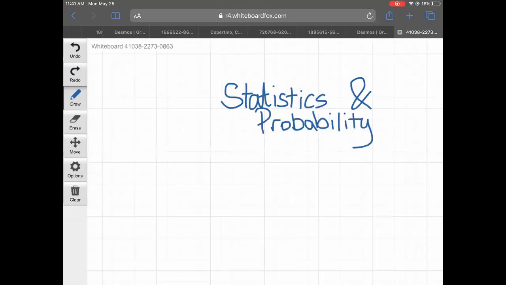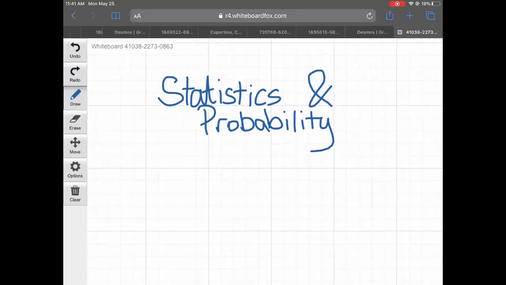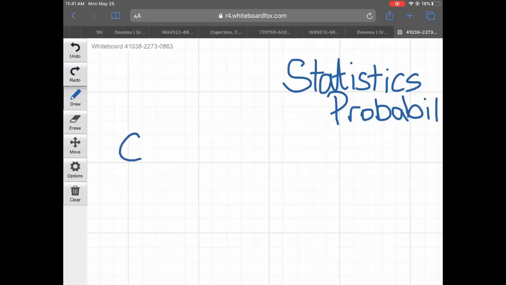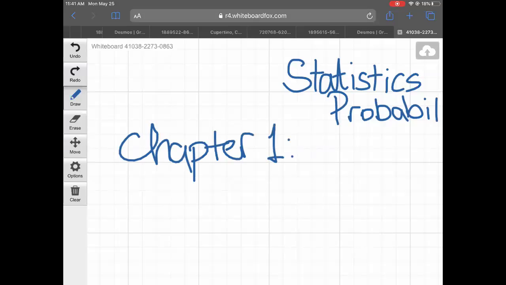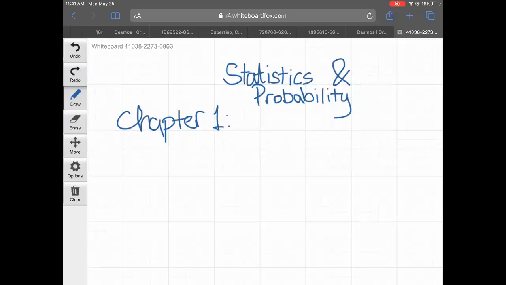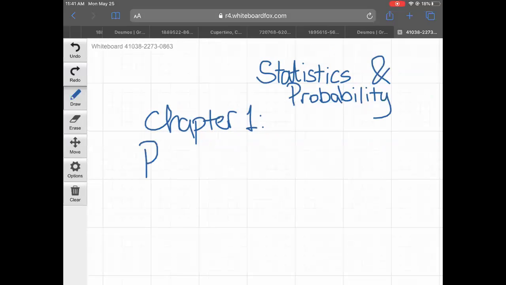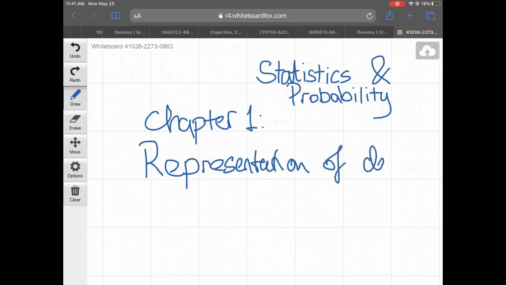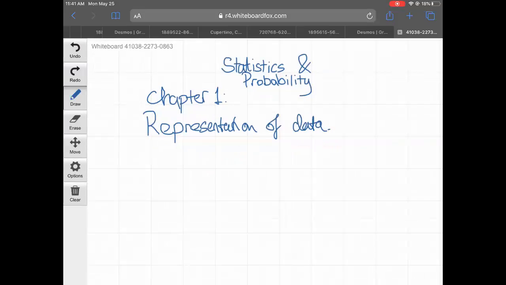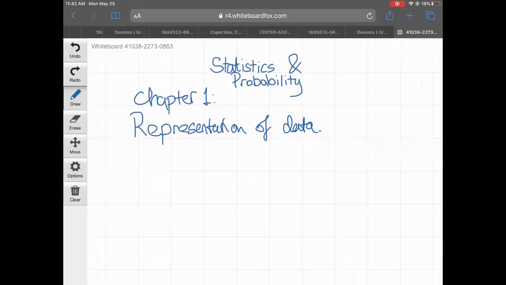Okay, and we're going to start with chapter 1, which is called Representation of Data. All right. So statistics and probability, chapter 1, representation of data.